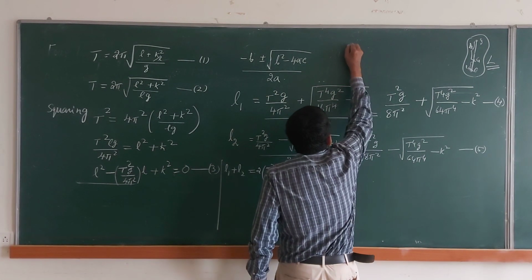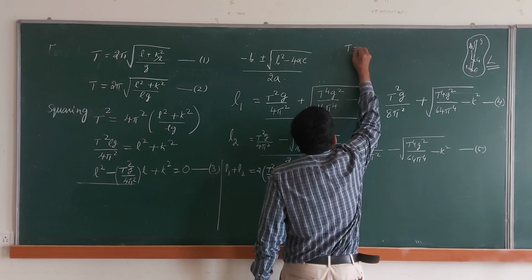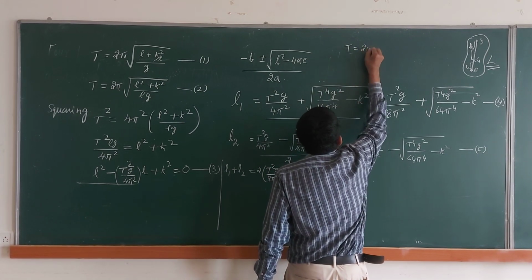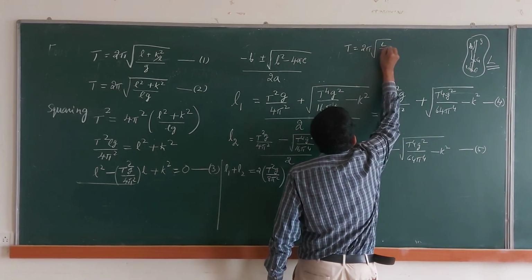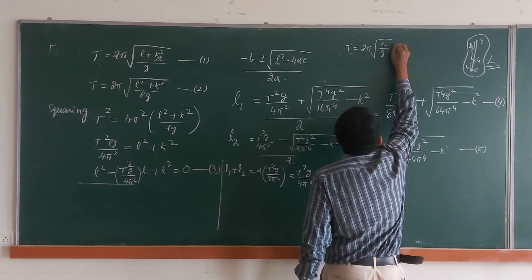And this can be inferred in another way. Now, you already know that if T is the period of the compound pendulum, it is equal to 2 pi into square root of L by G, and you square this.